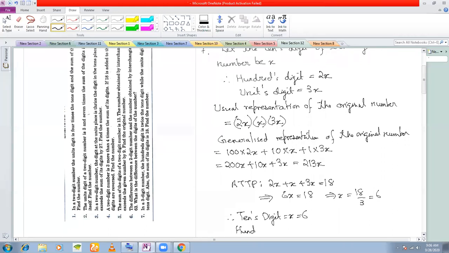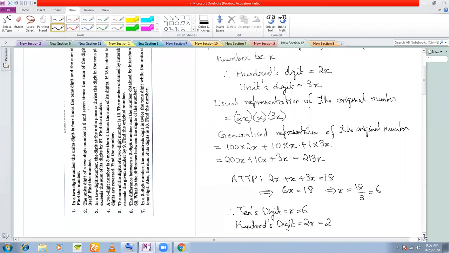Hundredths digit is equal to 2x, which is 2 into 3, which is 6.